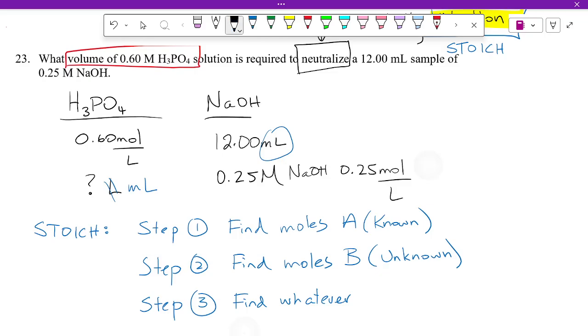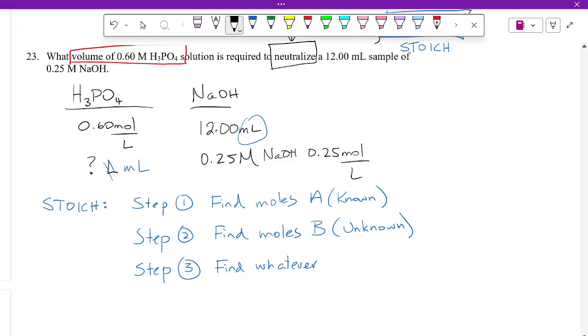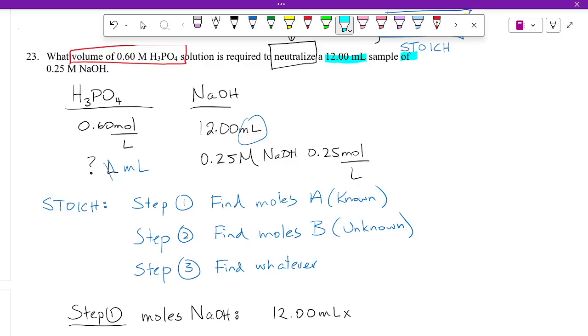So I have step 1. We're going to find moles of NaOH. So that's going to be 12 milliliters of 0.25 molar, 0.25 moles per liter.